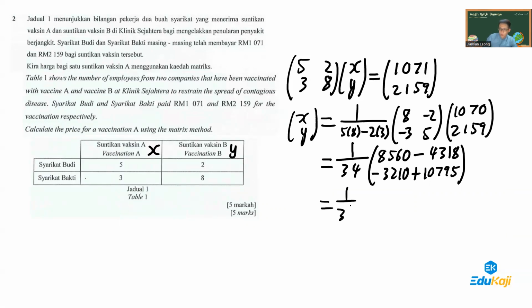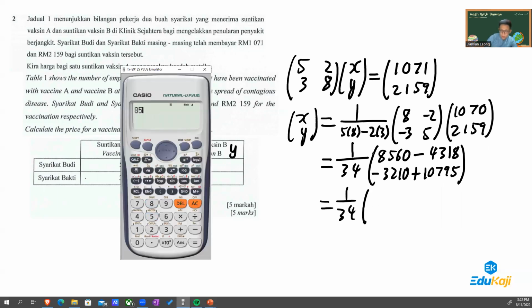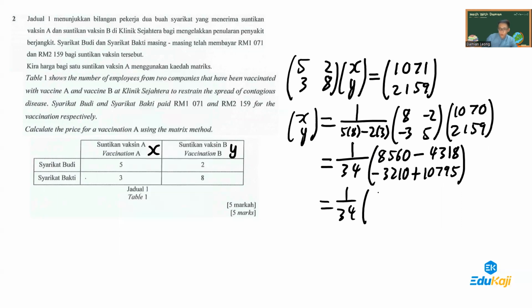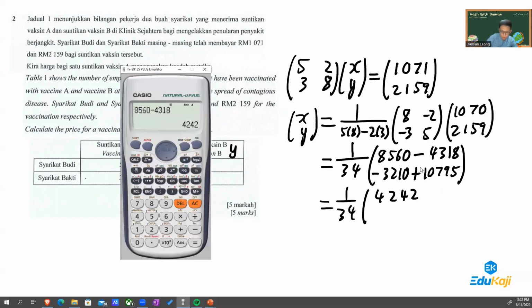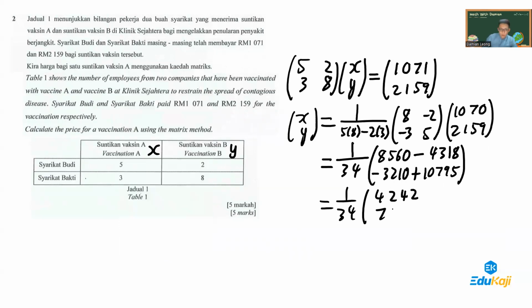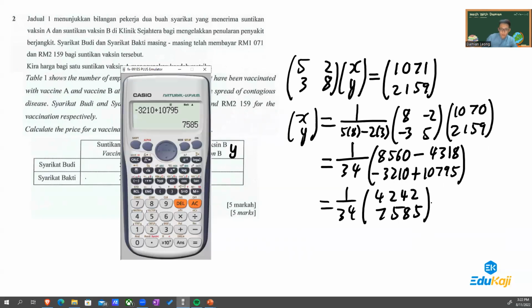So simplify, 1 over 34. 8560 minus 4318, 4242. Negative 3210 plus 10,795, 7585. Did something wrongly.